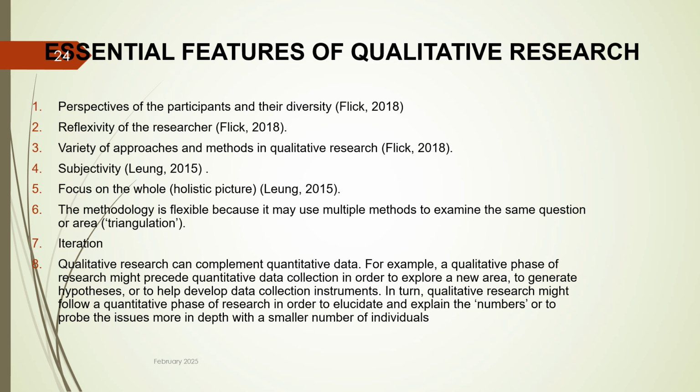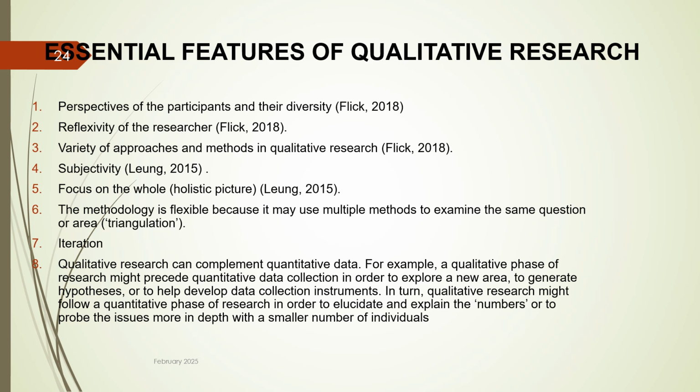So the essential features of qualitative research. Firstly, perspectives of the participants and their diversity, reflexivity of the researcher, different approaches and methods used in qualitative research, subjectivity is a very important and essential feature of qualitative research, and a focus on the whole, the holistic picture. The methodology is flexible because it may use multiple methods to examine the same question or area.